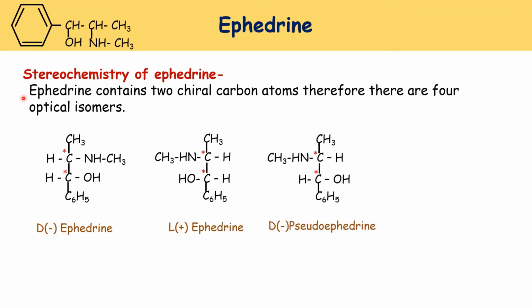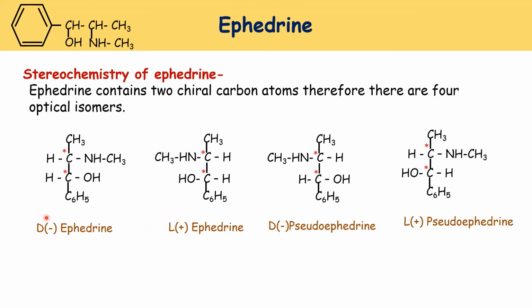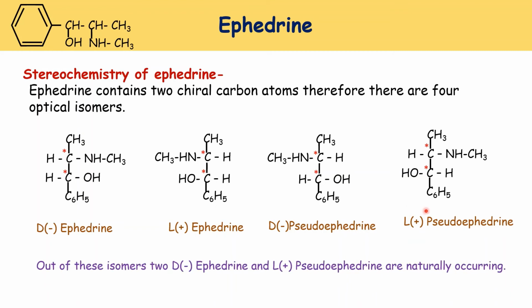These are the 4 optical isomers for ephedrine: D series levorotatory ephedrine, L plus ephedrine, D minus pseudoephedrine, and L plus pseudoephedrine. Out of these 4 isomers, levorotatory ephedrine and dextropseudoephedrine are naturally occurring compounds which occur in ephedra herbs.